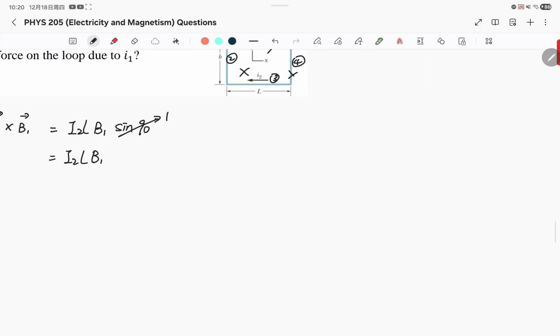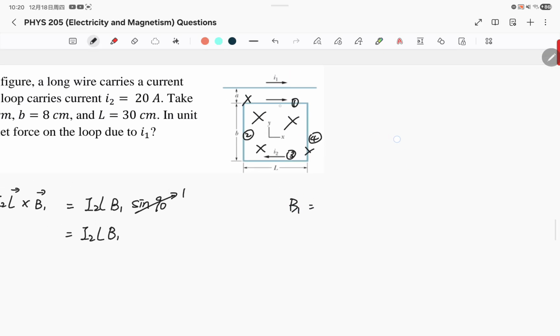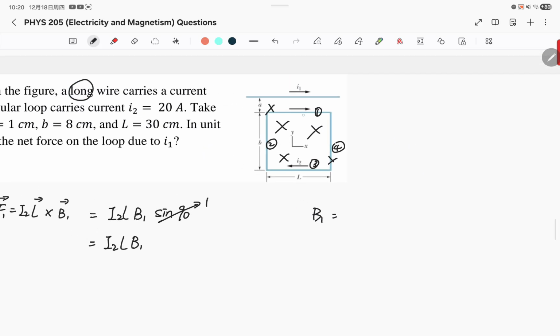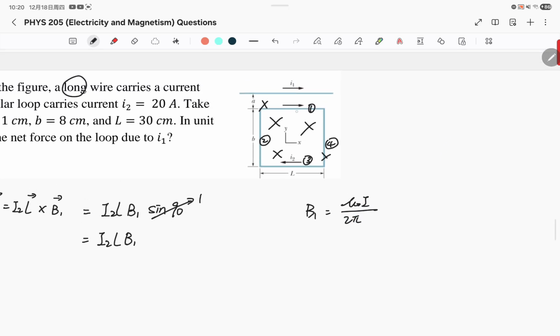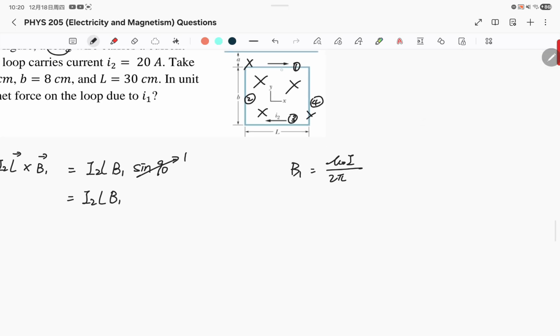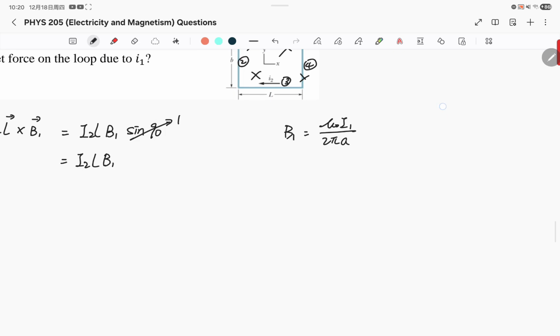We need to find B1. It's a long wire, so it's a direct copy from the formula sheet: mu naught I over 2 pi a. a is the distance between these two currents. And since we're dealing with B1, I is I1.